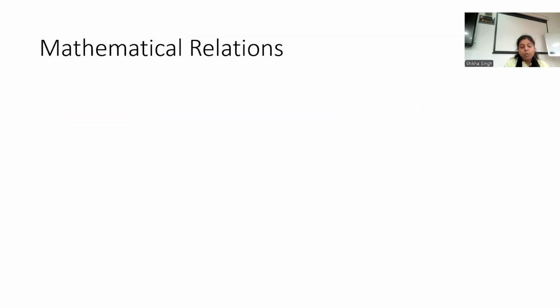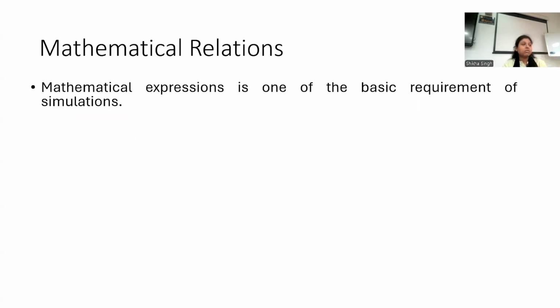Okay, so by now we understood what the variables are, how they're related, and what kind of relations there are, right? Then we talk about mathematical relations. How do you express those mathematical relations between two variables or more than two variables, right? Mathematical expressions are the basic requirement because the variation of those two or multiple parameters will be governed by their mathematical relation.